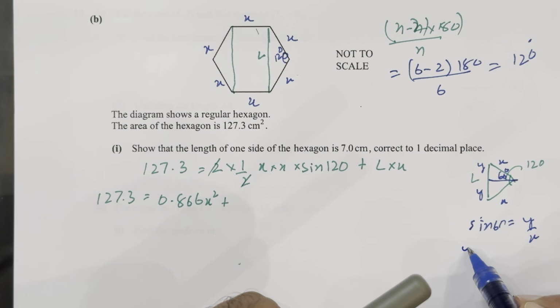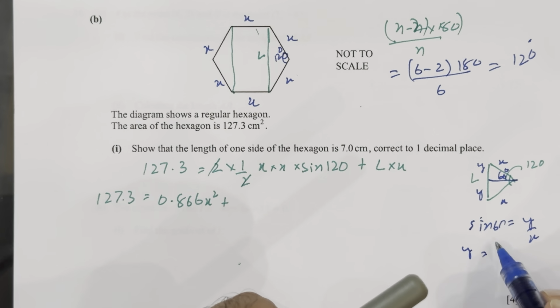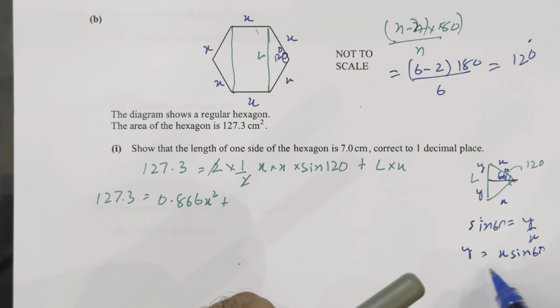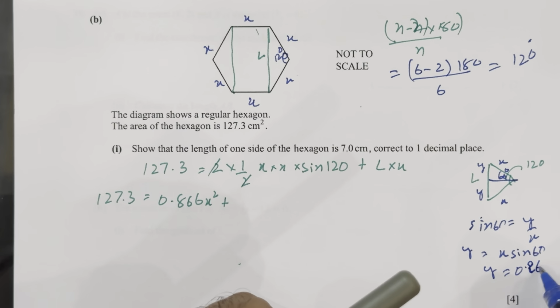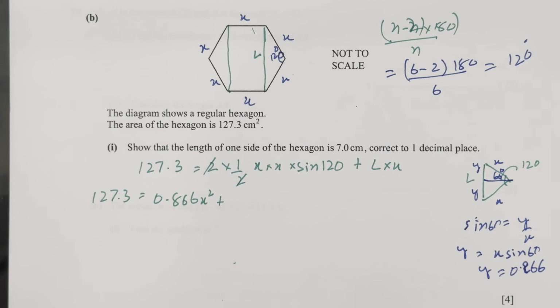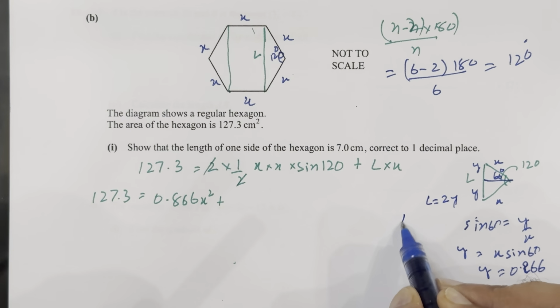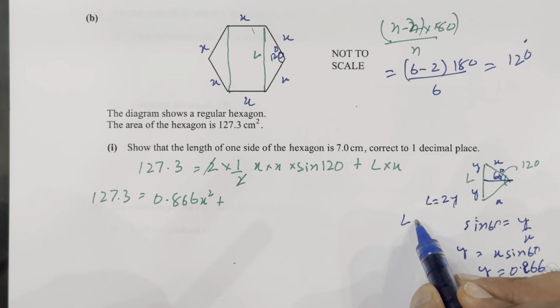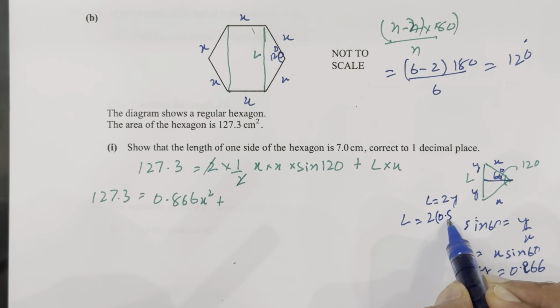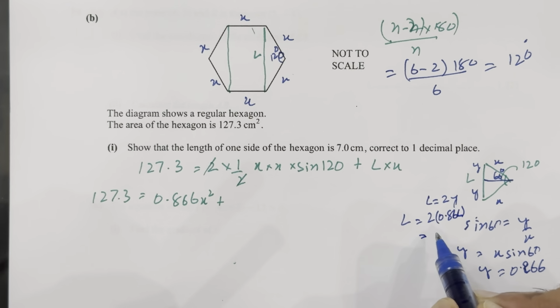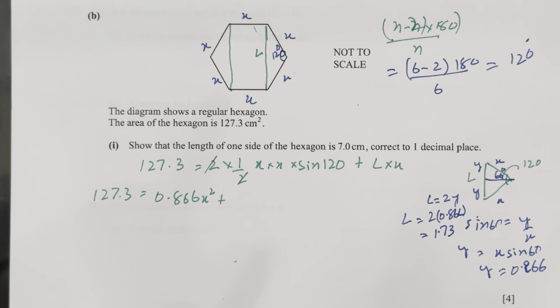Then the value of y is equal to x sine 60, and y is equal to 0.866, and L is equal to actually 2y, and the value of y we just calculated, so we're gonna multiply it by 2 into 0.866. So the value of L would be equal to 1.73.